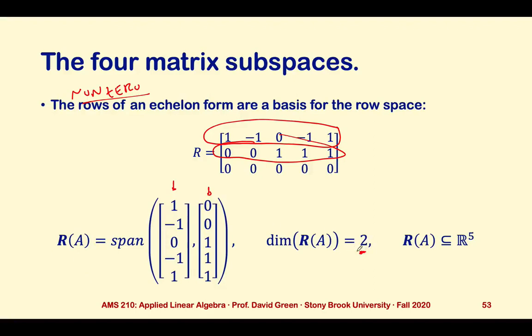The dimension of the row space is 2. The row space vectors each have 5 elements, and so the row space is a subspace of 5-dimensional space, of R5.